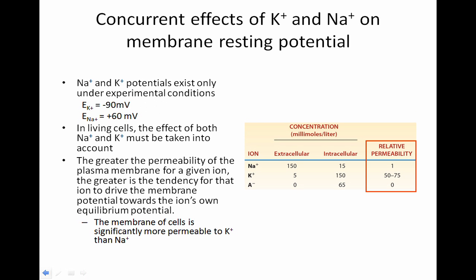Now, I kind of jumped ahead. I just realized I jumped ahead here without saying something. When we're talking about moving down the concentration gradient, the reason you create this negative charge is because of the negatively charged proteins inside cells.